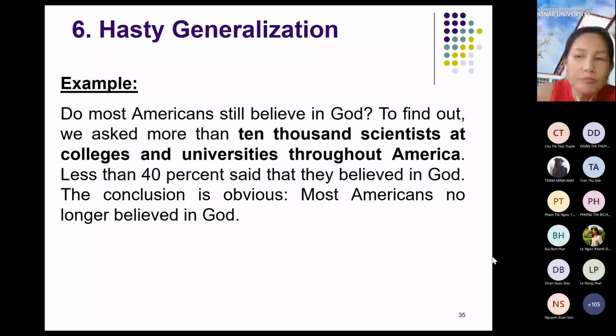Gia Huy said the problem he could see is that the sample size is quite small compared to the population as a whole, which is 10,000 scientists compared to most Americans, the American population. What else can you see? Besides that, what else can you see?